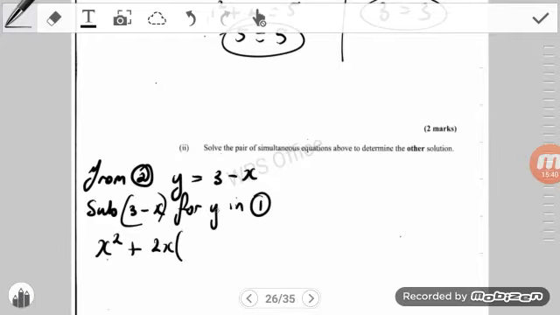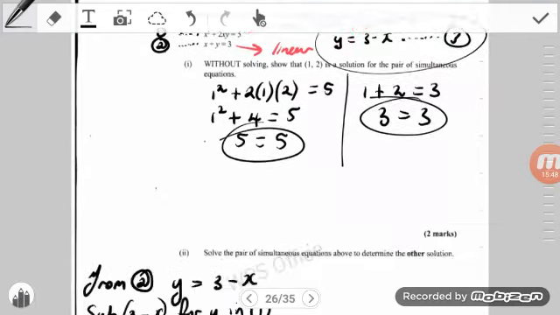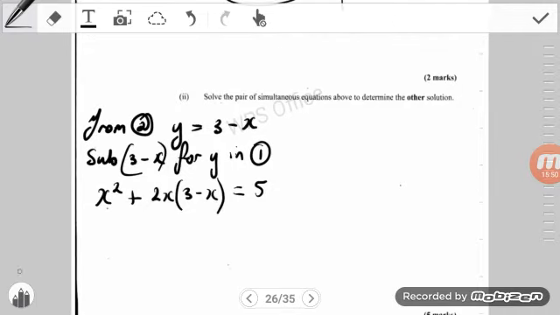I know that the value of y is 3 minus x, and that's going to be equal to 5. Very good. So we're going to simplify this equation down to a quadratic equation and then solve it. So x squared plus 2x times 3 is 6x, and 2x times minus x is minus 2x squared, and that's equal to 5.